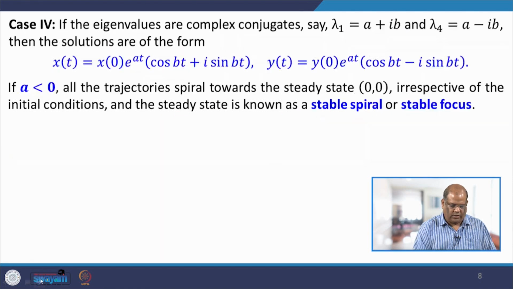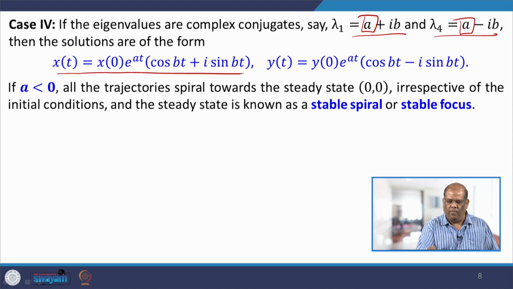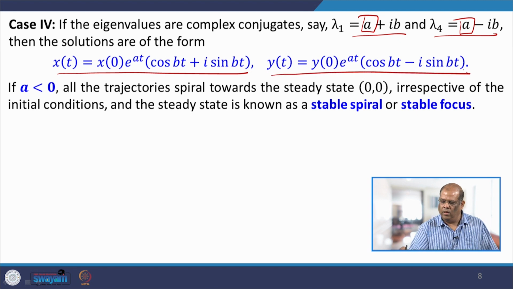Let us move to case 4. Now you have complex eigenvalues, and since it is a quadratic equation, we know that the values will be complex conjugates, and your dynamics will depend on this value of A. Your solution is in this form, and suppose A is less than 0.